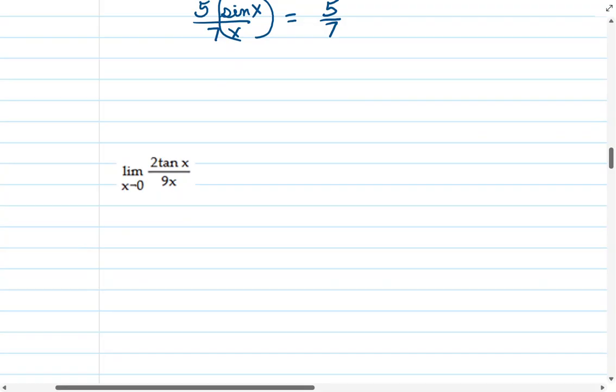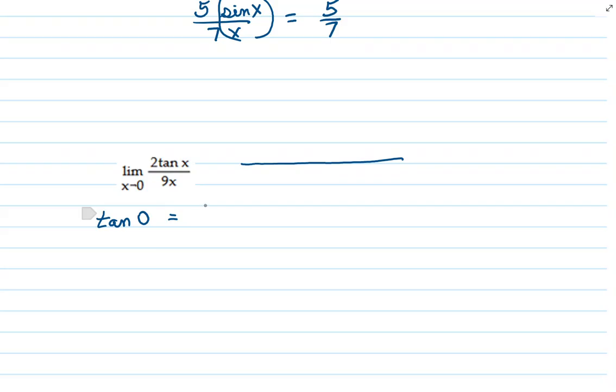On this one, we can do a table because we know that tan of 0 is y over x, and y is 0 and x is 1, so it's 0. And the 9x is 0, so we have 0 over 0. We can't do that. So we're going to use the table feature. In our table feature, we know we want 0. And these are all in radians.